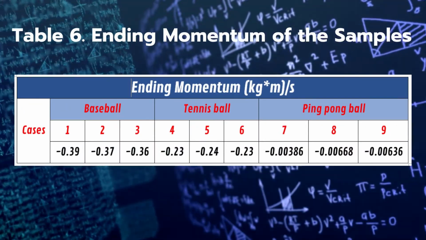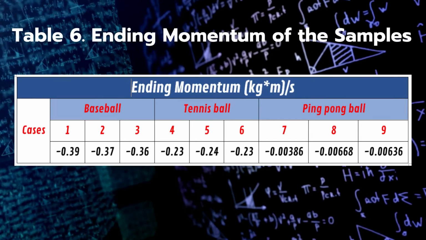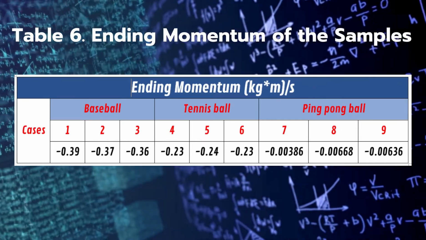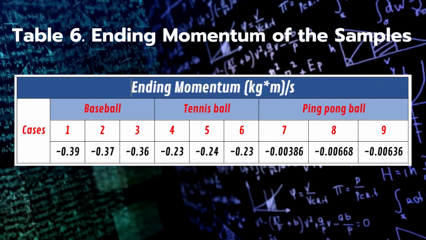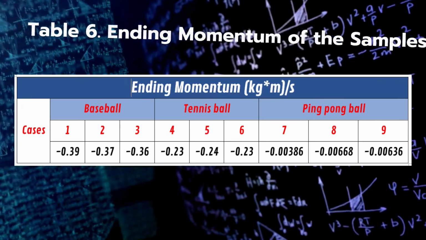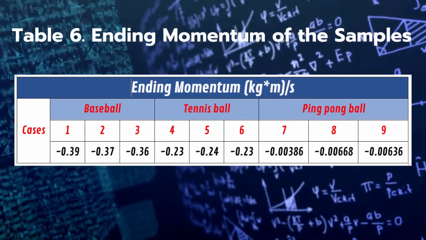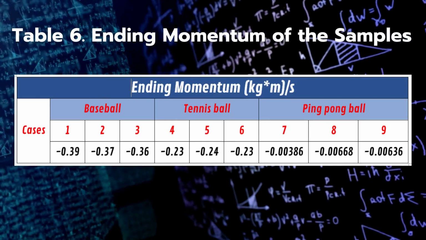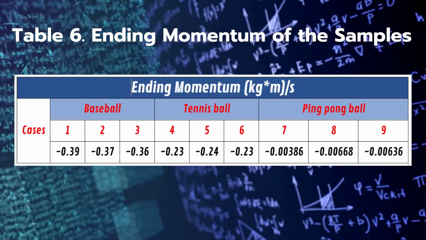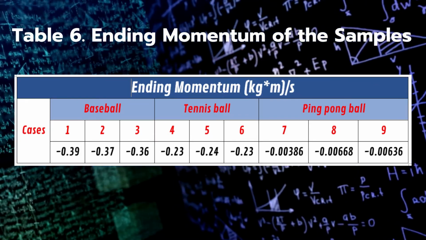And for the cases of ping pong ball to carpet, tiles, and concrete floor, the ending momentum are negative 0.00386, negative 0.00668, and negative 0.00636 respectively. In calculating the starting and ending momentum, we should not forget the unit, which is kilogram meter per second.